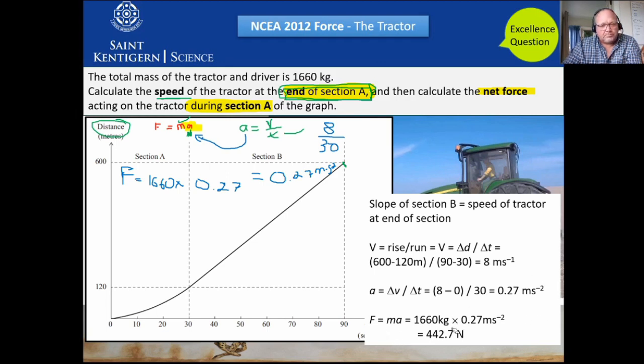And then F equals ma equals 1660 kilograms multiplied by 0.27, and that gives us 442.7 Newton. And if you did that, you got excellence.